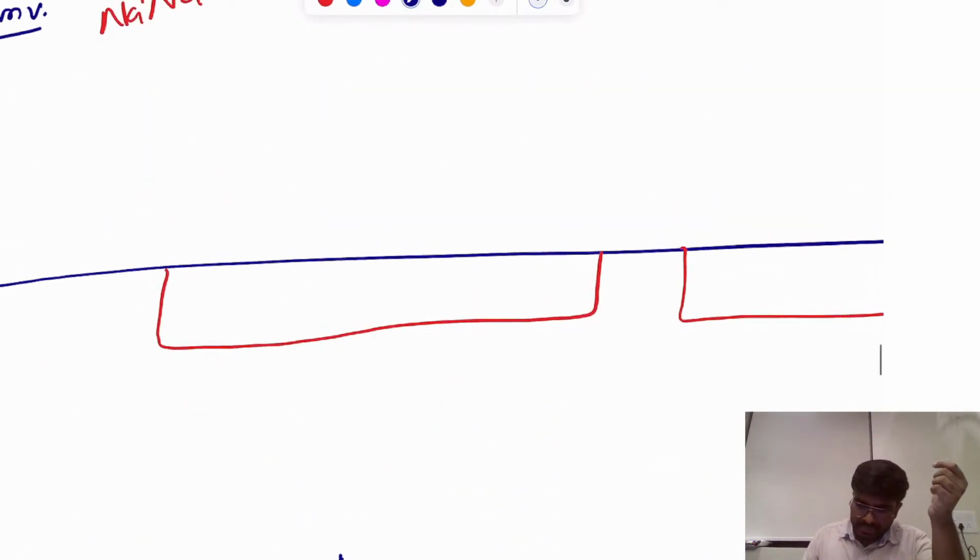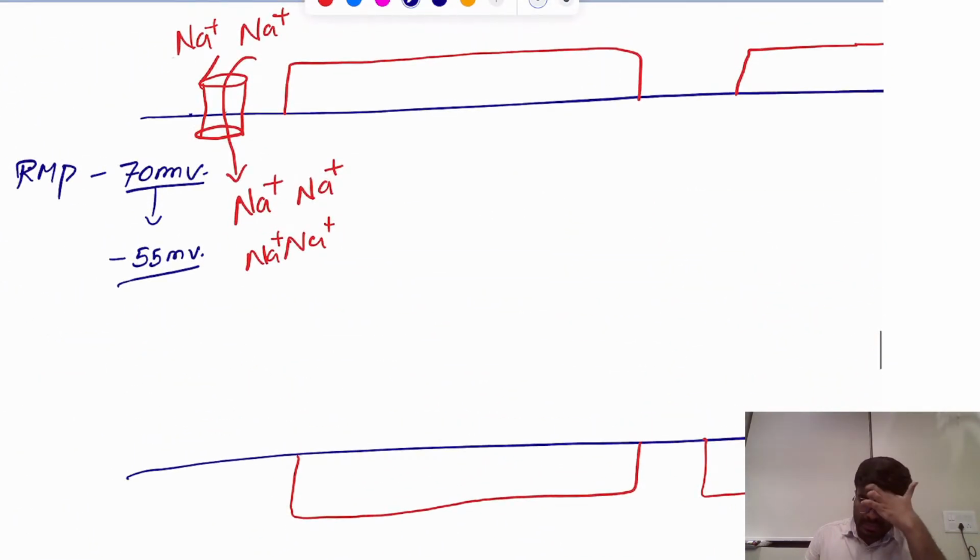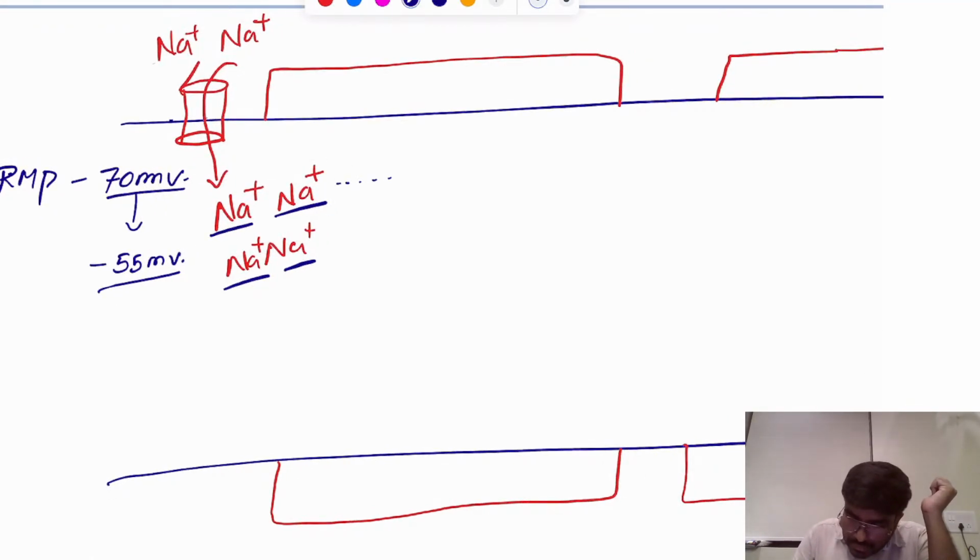A lot of sodium came in here. Some sodium ions are going to move to the surrounding area, where the resting membrane potential is minus 70 millivolts.